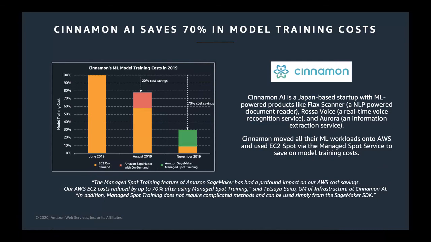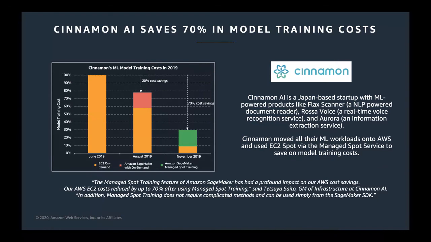They started running with EC2 on demand, and then they started running with SageMaker actually. Once they started running with SageMaker, even with only on demand, they instantly saved 20% of their cost because SageMaker algorithms are optimized actually. There are algorithms which are available on the open market.